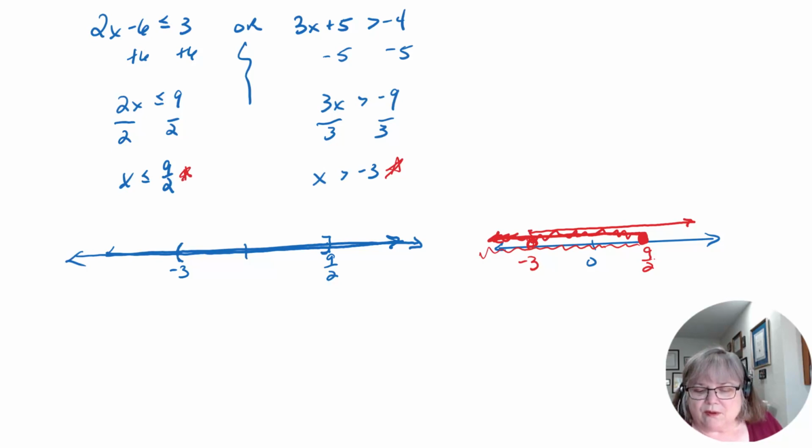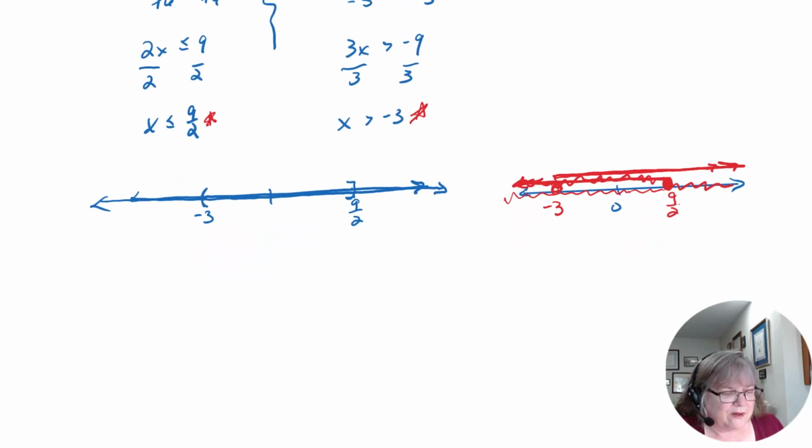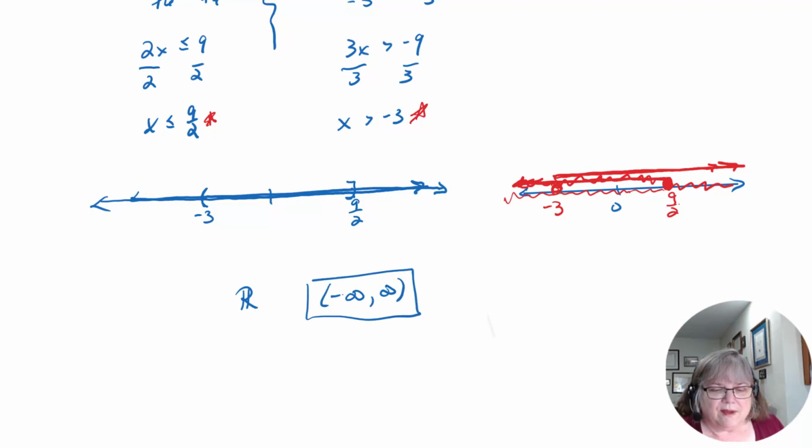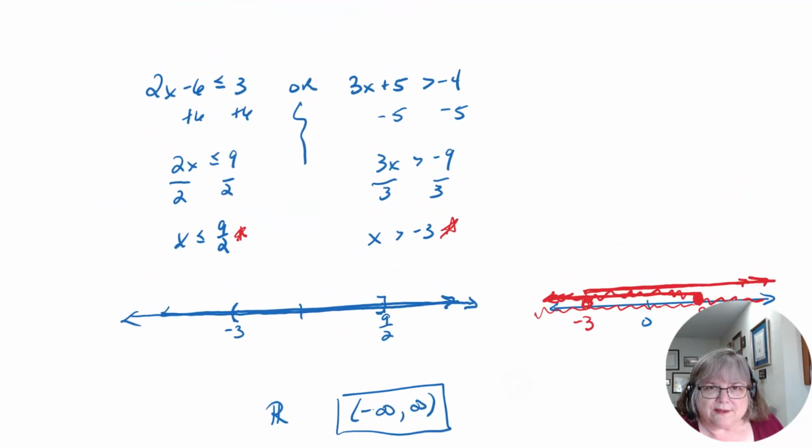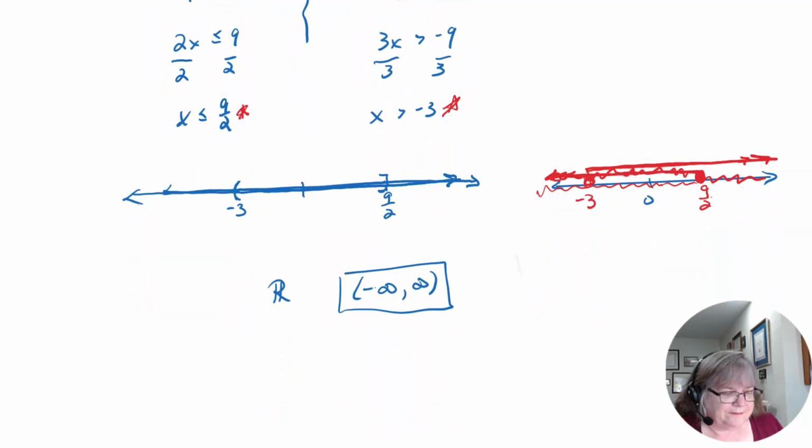So this one picks up all the numbers that are above from here to here. So all the numbers are accounted for. So this says all real numbers are included to solve this setup. Okay?